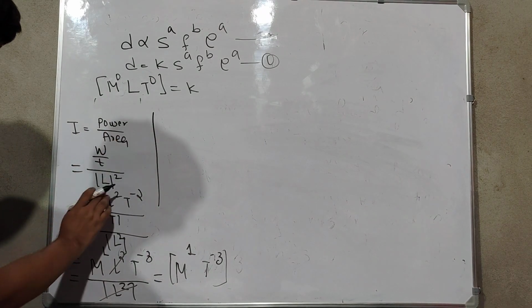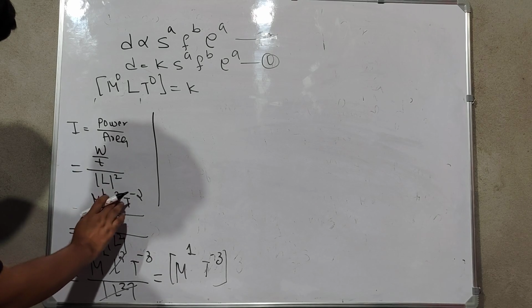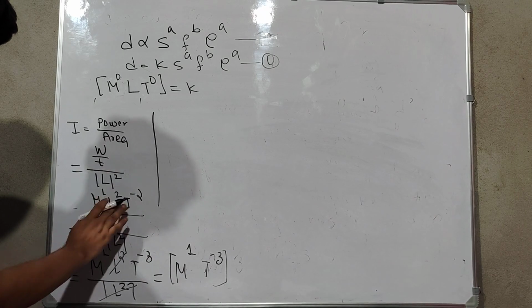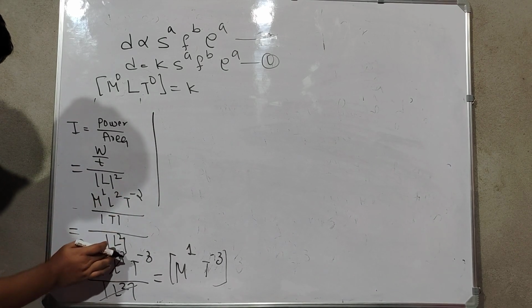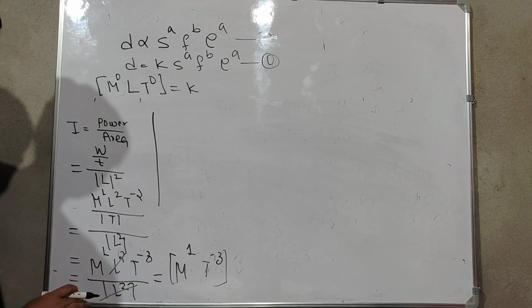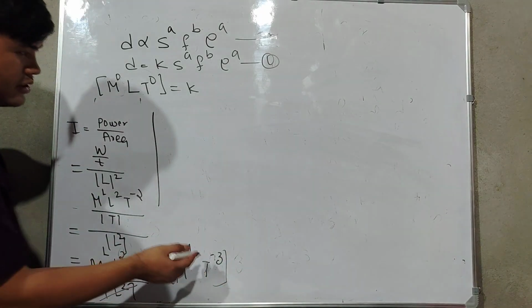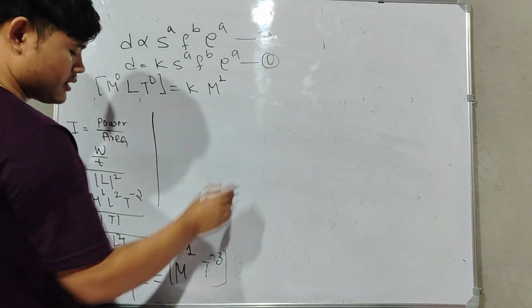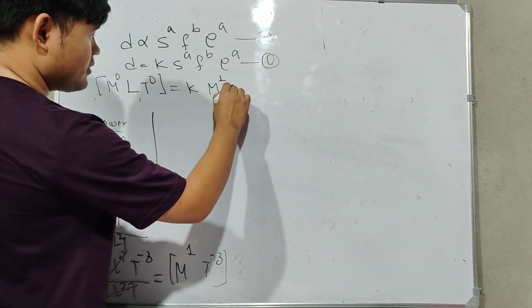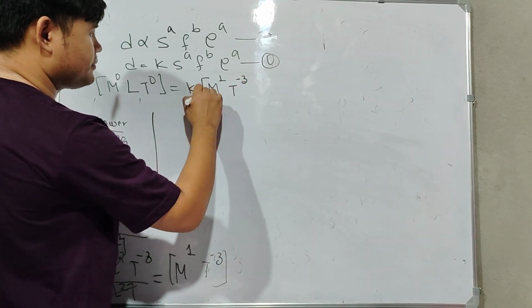Yes, power is work done per unit time. So M1, L gets cancelled, T to the power minus 3. So what we got: M1 L0 T to the power minus 3.